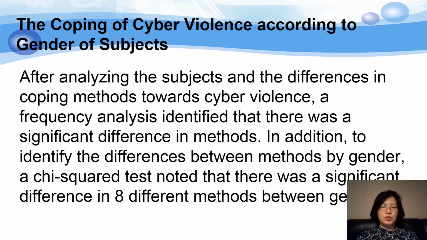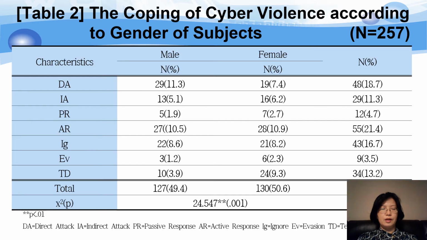In addition to identify the differences between methods by genders, a chi-square test noted that there was a significant difference in 8 different methods between genders. The coping of cyber violence according to gender of subjects were as follows.